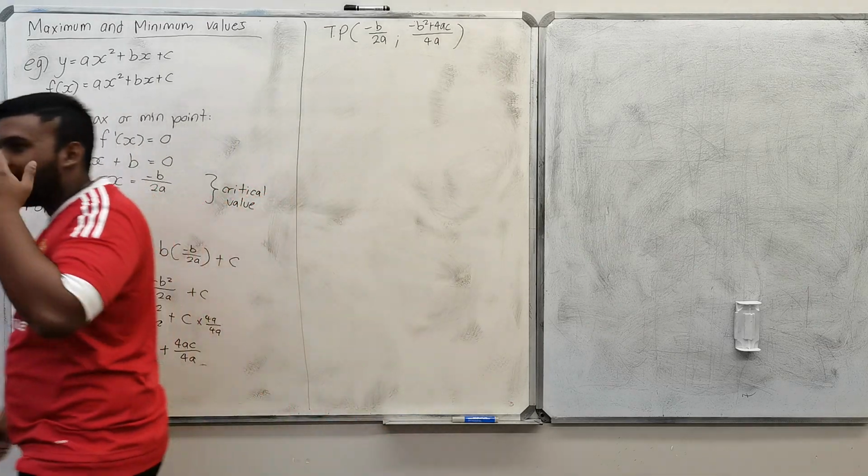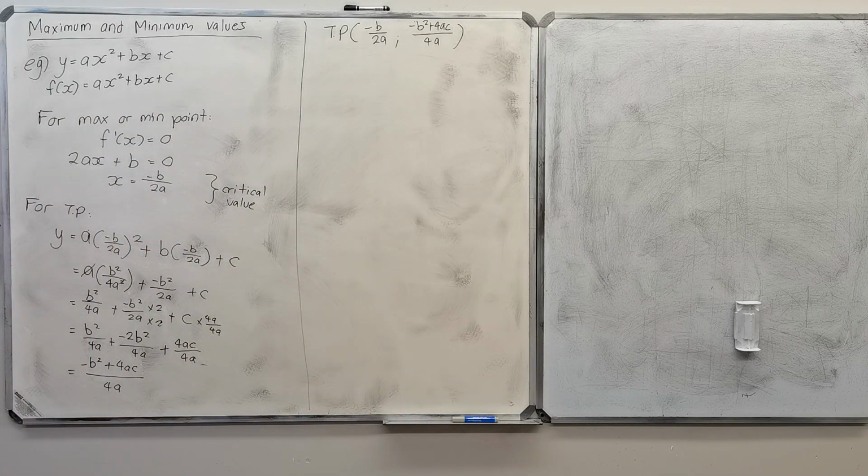So this has only one turning point. But how do you know whether it's a maximum or a minimum turning point? Do your test, so you know whether it's turning down or turning up. Because remember, this equation is an equation for what?